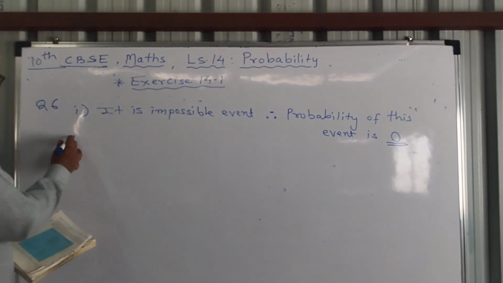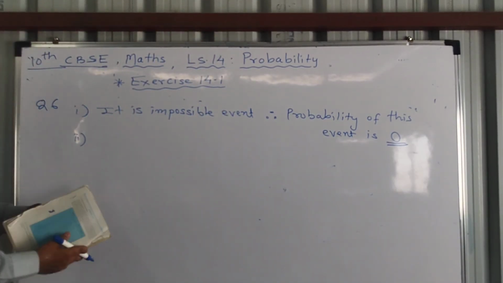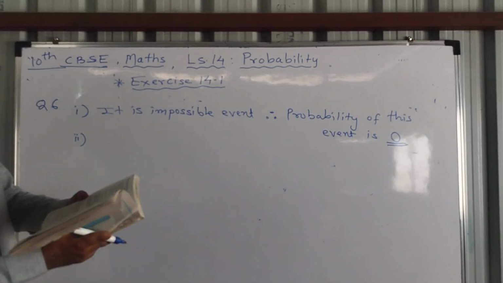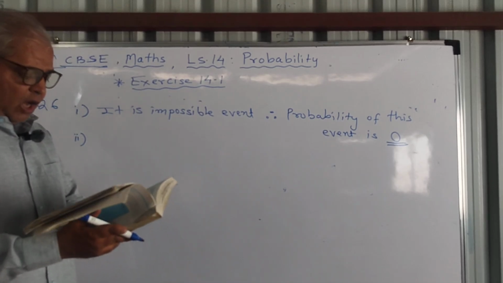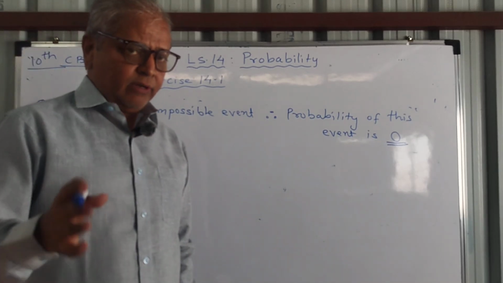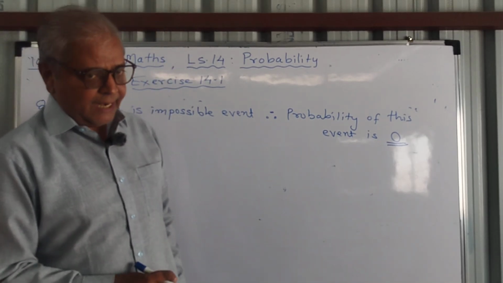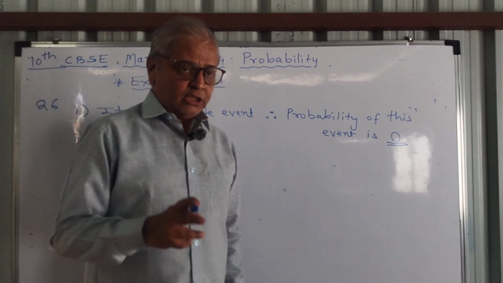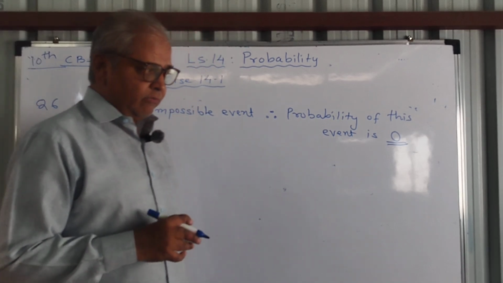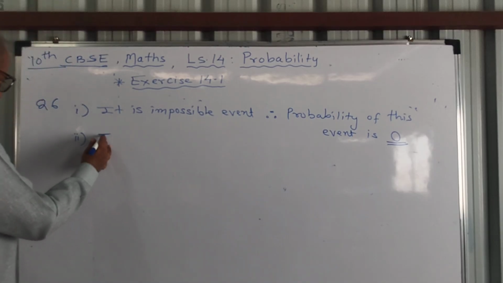And sub question 2 is a lemon flavored candy. That is, there are all lemon flavored candies. So whichever she takes, it will be a lemon flavored candy only, and that's why it is a sure event, and the probability of a sure event is always 1. So I will write the answer.